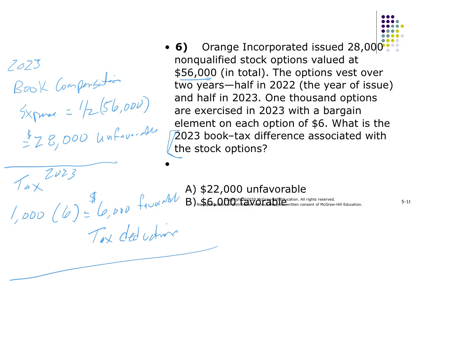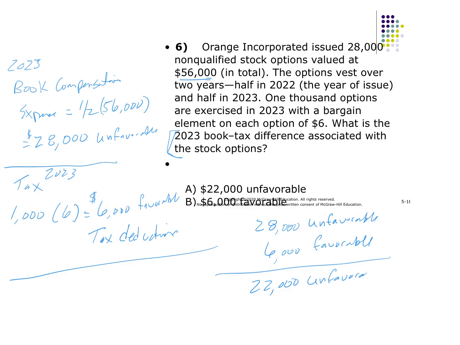So all totaled, what is our end position for 2023? Well, we've got 28,000 unfavorable, 6,000 favorable. That leaves us with 22,000 unfavorable. So the answer for that one would be A.